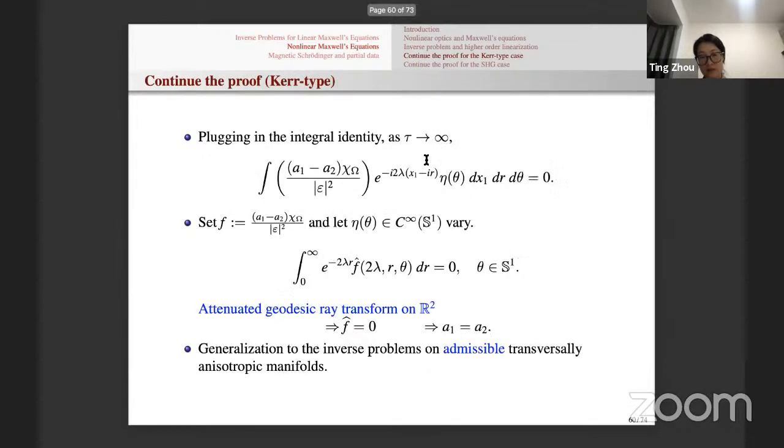I have a question. In the admissible case, admissible transversely anisotropic manifolds, don't we need to assume that the attenuated geodesic ray transform can be inverted? Yes. Is that an assumption? Because for small attenuations, I think it's okay, since you can use a variation of the Pestov identity or something like that.